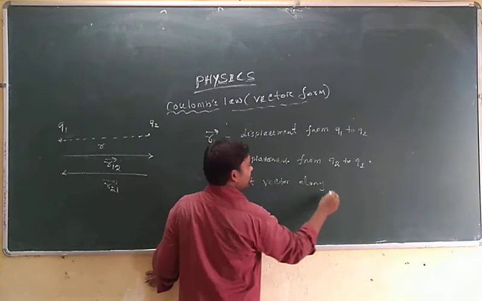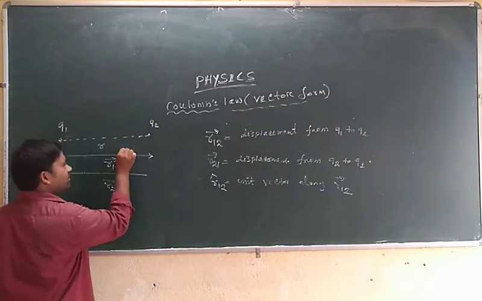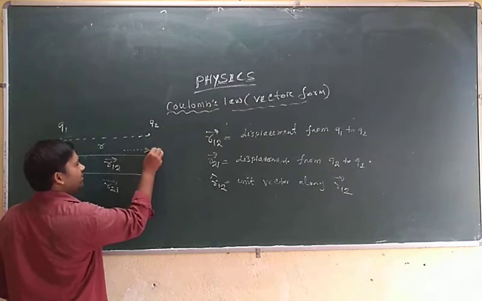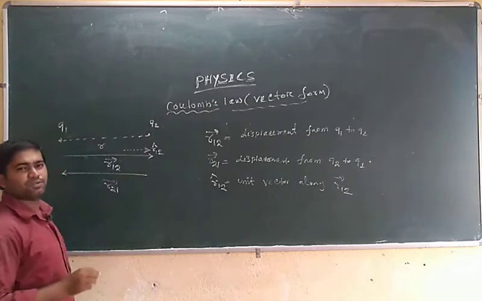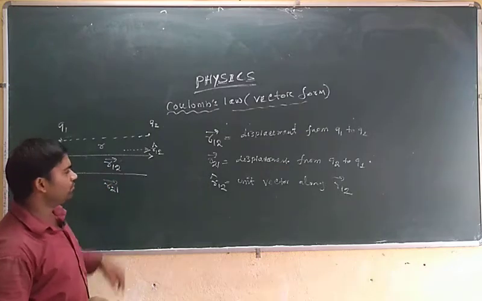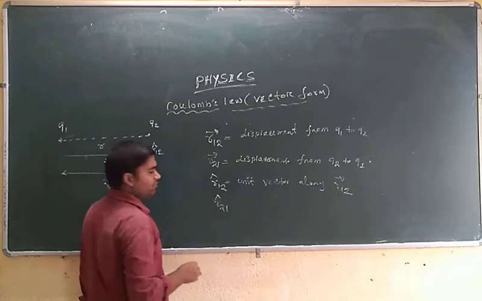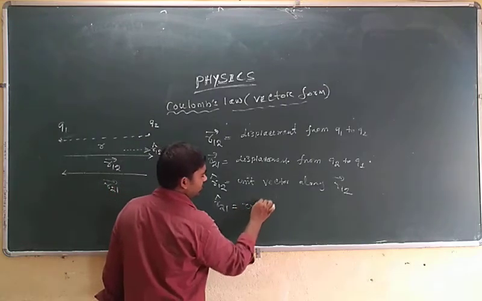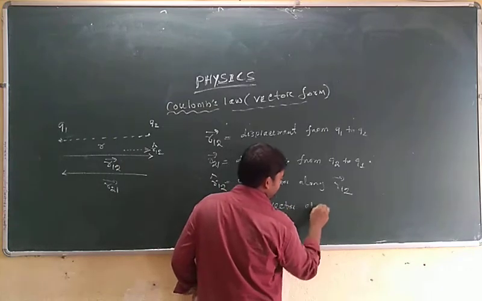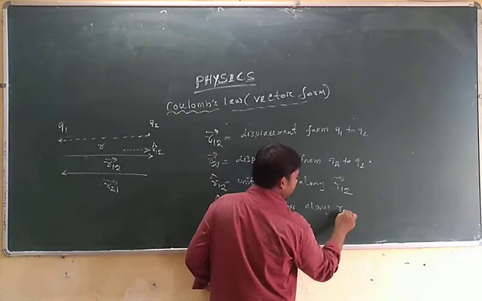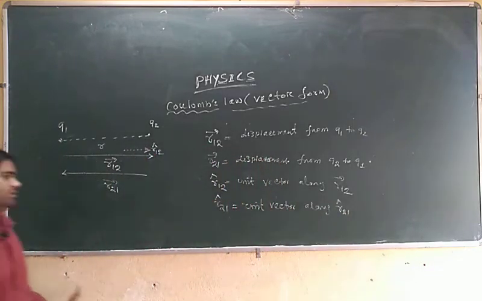So that will be R12 cap, the unit vector along R12 vector. Second thing is R21 cap, which is the unit vector along R21 vector.